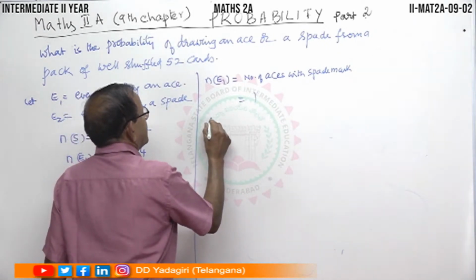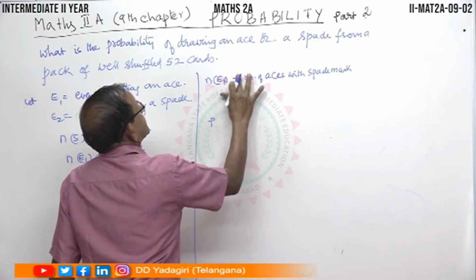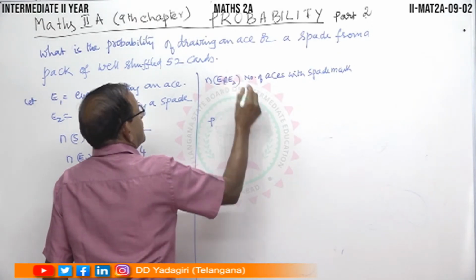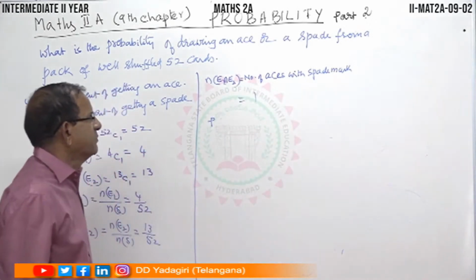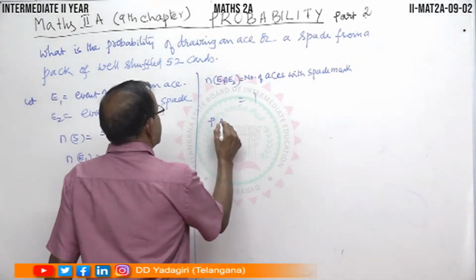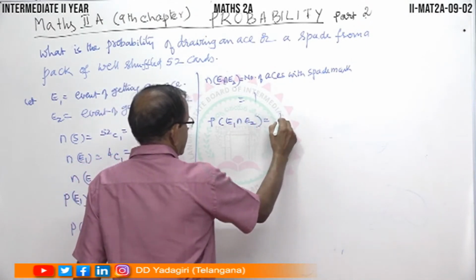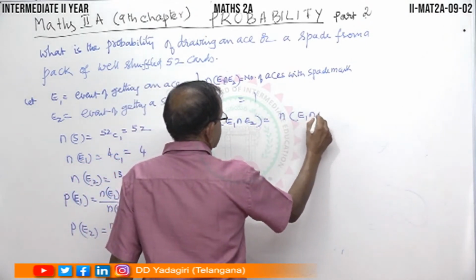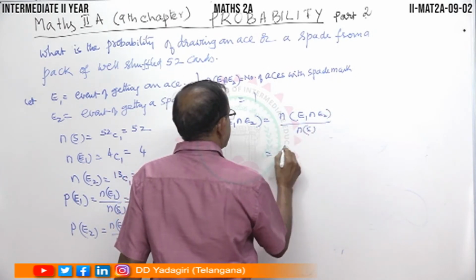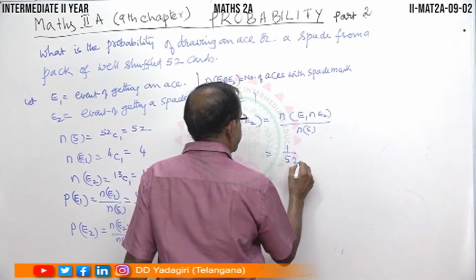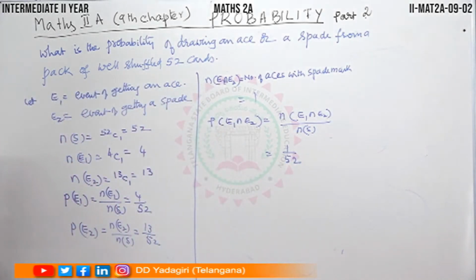So this is E1 intersection E2. Number of aces with spade mark. That is 1. So P of E1 intersection E2 is equal to N of E1 intersection E2 by N of S equal to 1 by 52. Now let us find out the probability for E1 union E2.